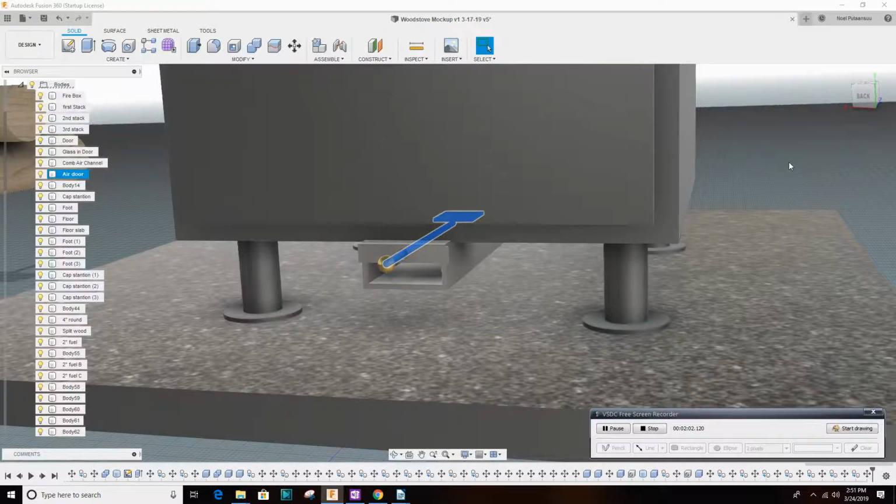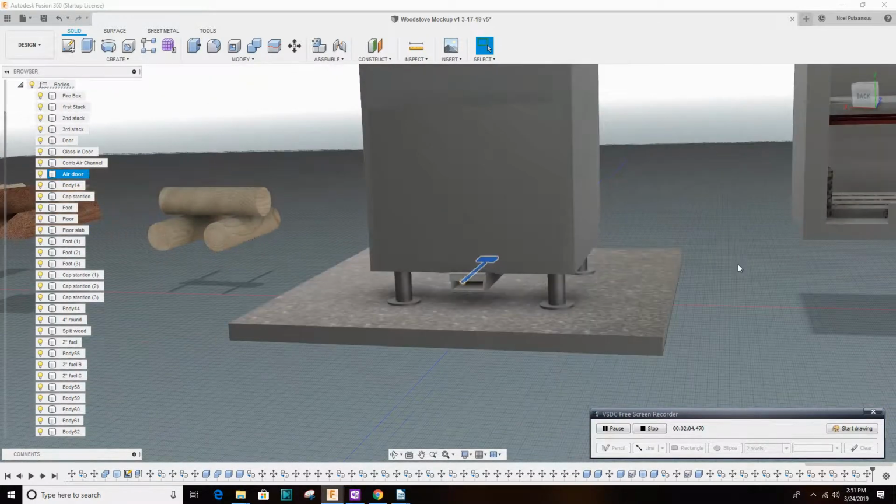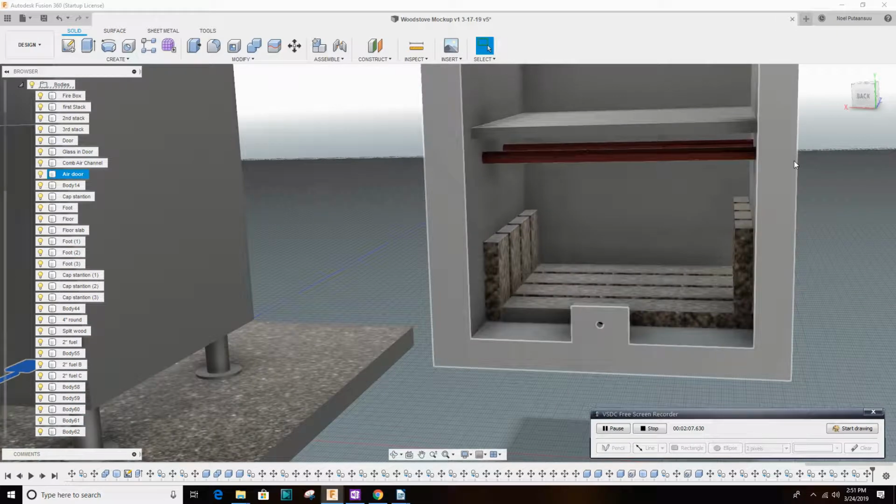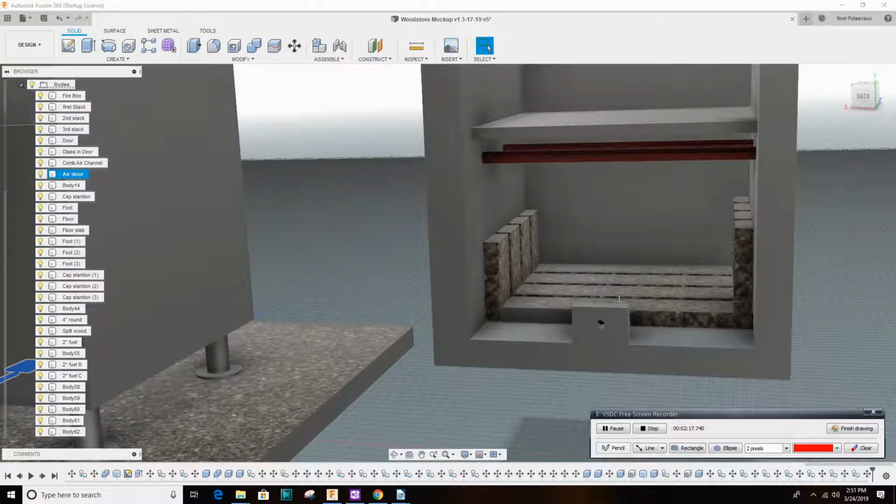It makes it easier to talk about if I draw it in there. So 80% of your air that comes into the wood stove would go straight down the center of the wood stove and bounce off the back wall, go up the back, and then out this way.